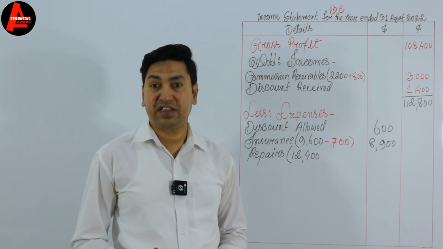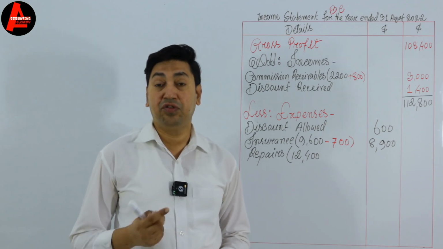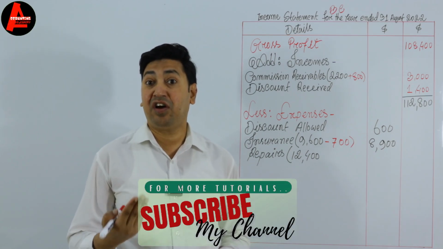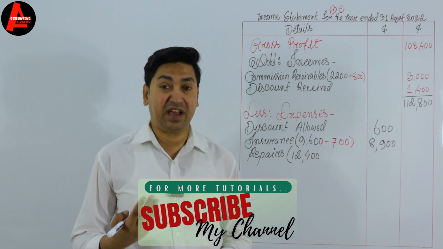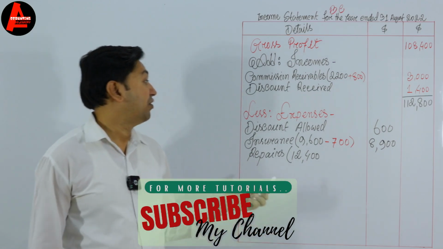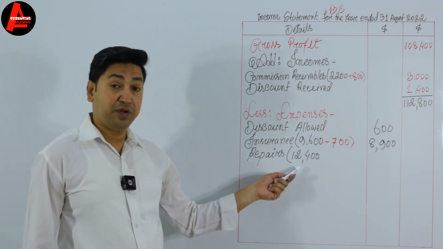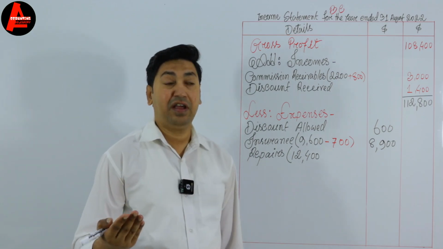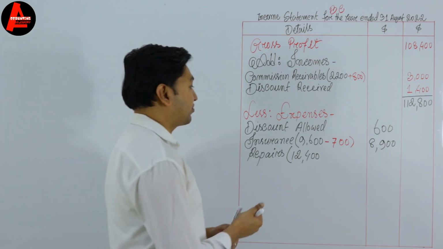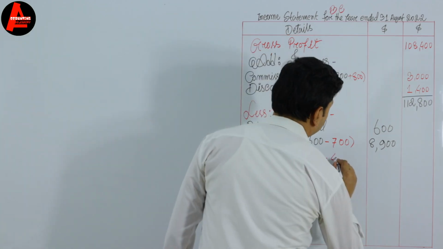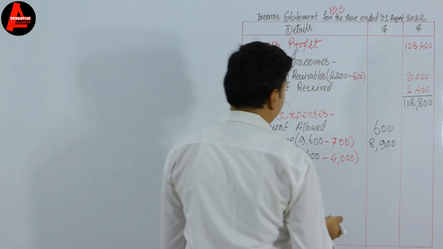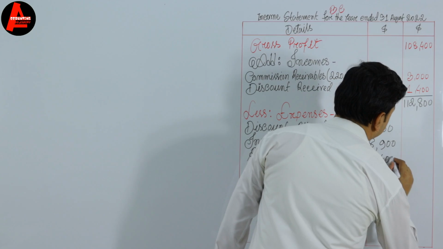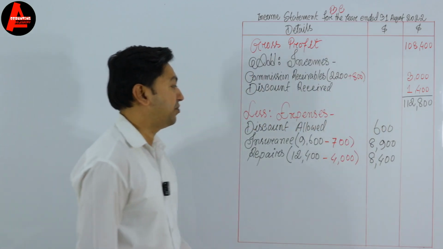This amount will be directly added to the machinery, which is a non-current asset or fixed asset. So we subtract $4,000 from repairs and add it to the machinery, and we get $8,400. This adjustment will be confusing to many students.